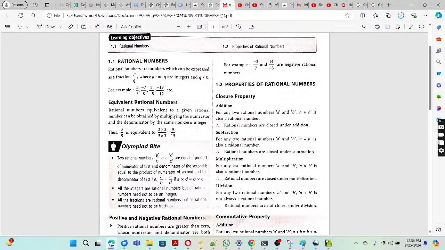We will discuss many more exercises. I am using the MTG material, and we will go through it, analyzing all the example chapters and previous year papers.